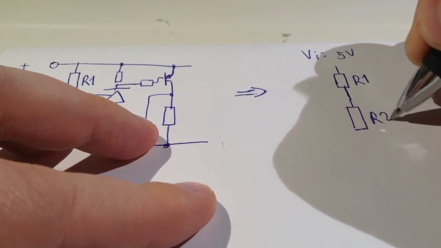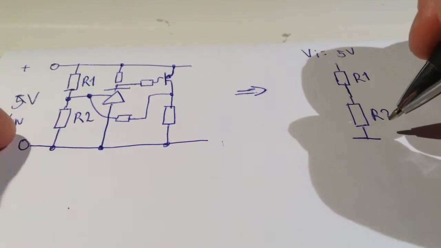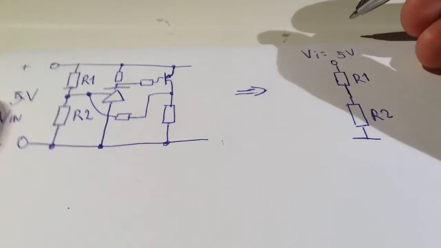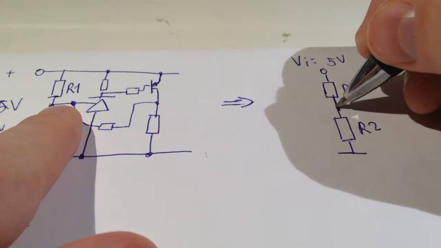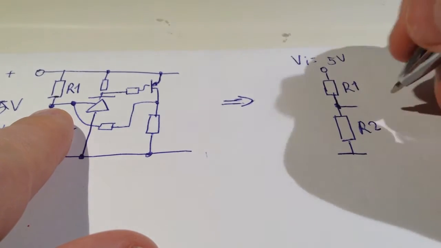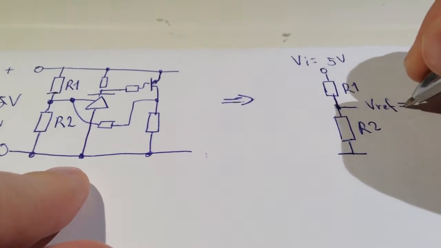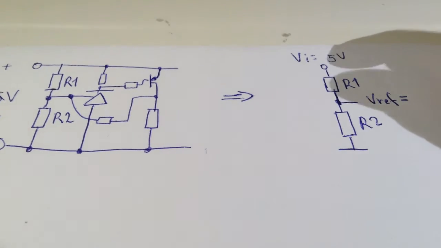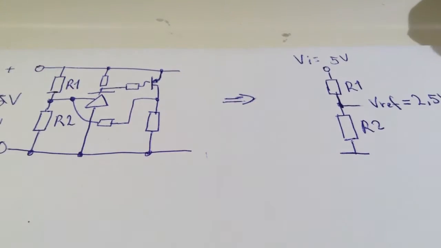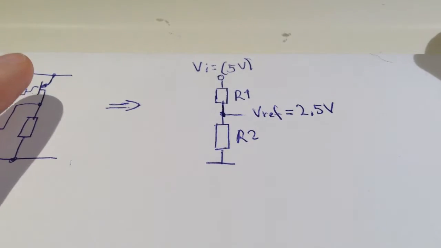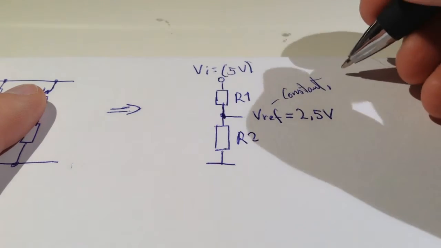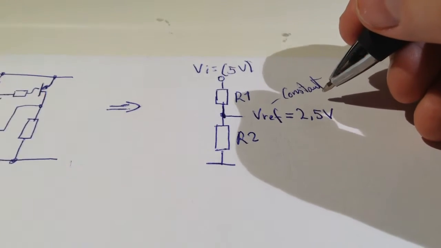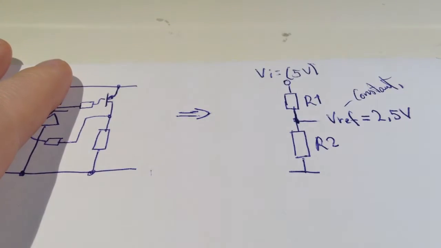So here is the equivalent circuit. We're only focusing on the resistors here. So the thing is that it's V reference, that's the input of the TL431, and we are only interested in that reference when that is 2.5 volts, so let's keep that as a constant. It's not constant, but if you keep it a constant, then we can solve for the power supply voltage.